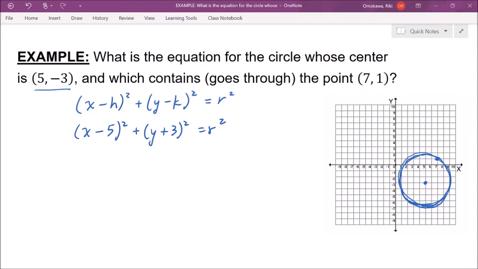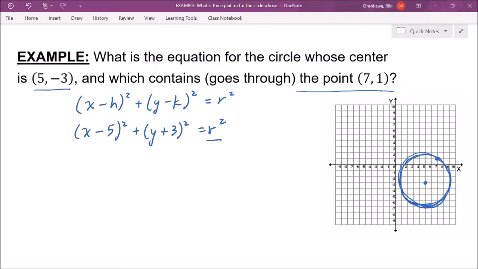So our task then is to do something so that we can figure out what this r should be. And again, it's going to be some strange number. Well, so what can we do? They don't give us the radius, but they do give us this extra info about (7, 1), right? This extra point.